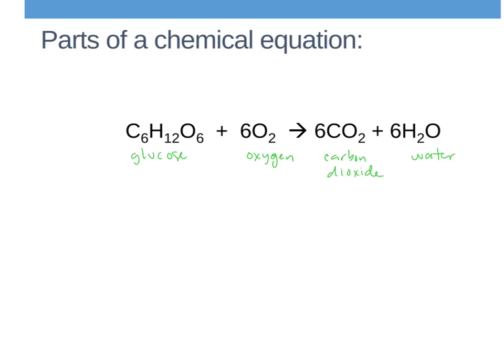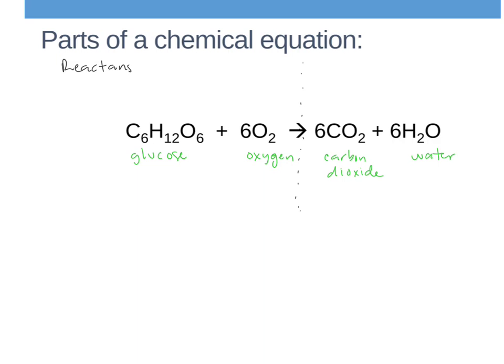Now if I look at this equation, just like before, everything on the left-hand side is the before, and everything on the right-hand side is the after. This is the big dividing line for the transformation. The stuff on the left-hand side is sometimes called the reactants.